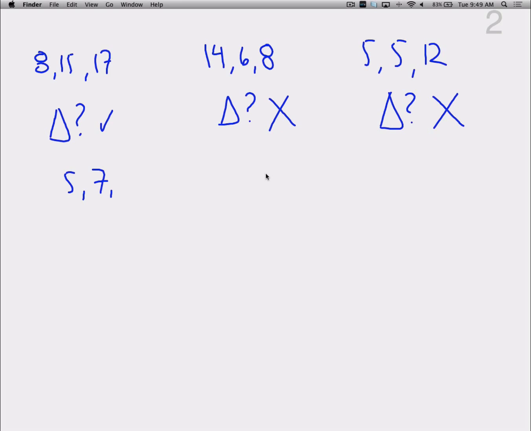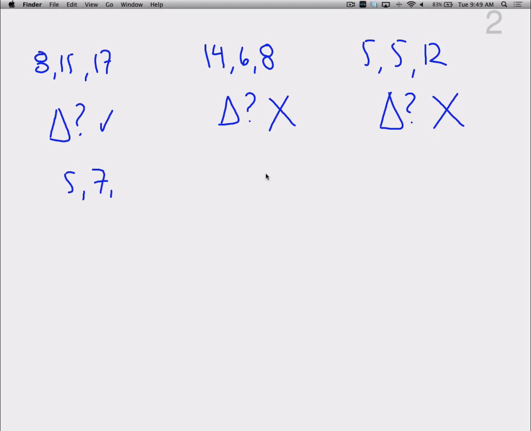Couldn't it also be smaller, since the two smaller sides have to add up to more than the biggest? So if it was 3, wouldn't that work? 3 plus 5 is 8, which is not greater than 7 plus... uh-oh. Now you went and screwed everything up. She is right, because 3 works.